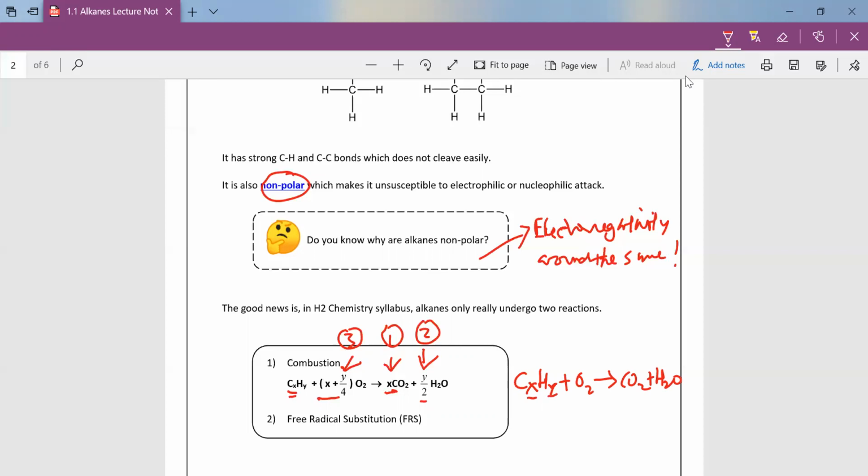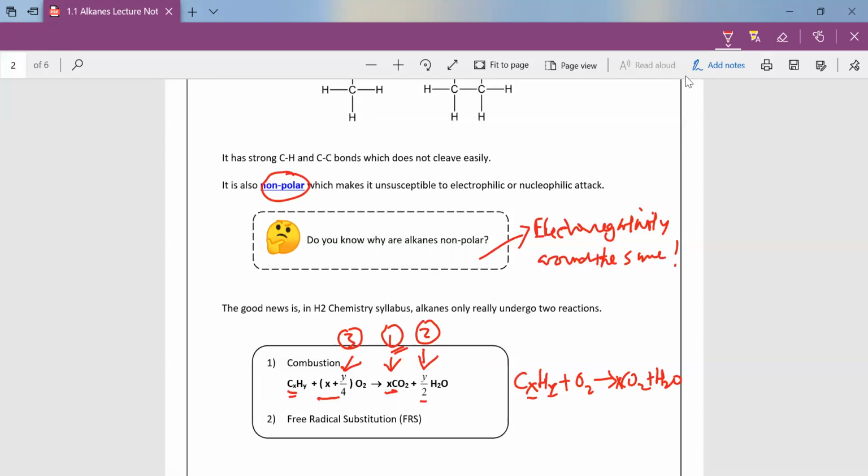The first thing you need to balance is the number of carbon, which I label as 1. Obviously the carbon all comes from the hydrocarbon, so you can just put an x here, because x atoms of carbon will come from this hydrocarbon.